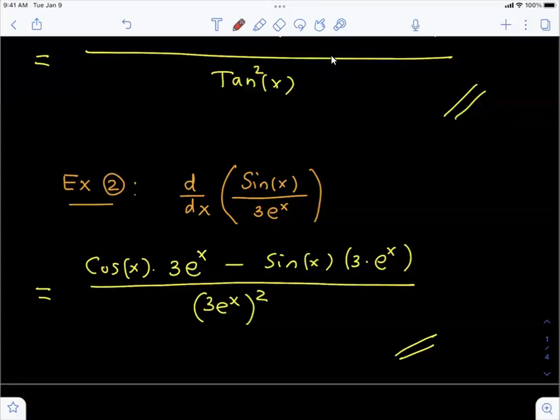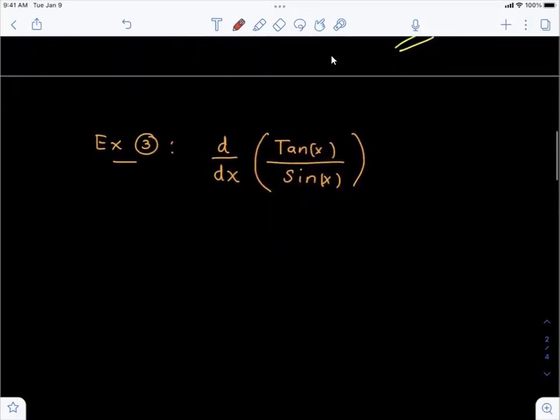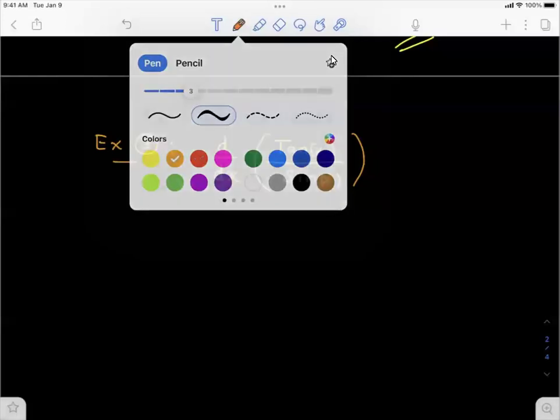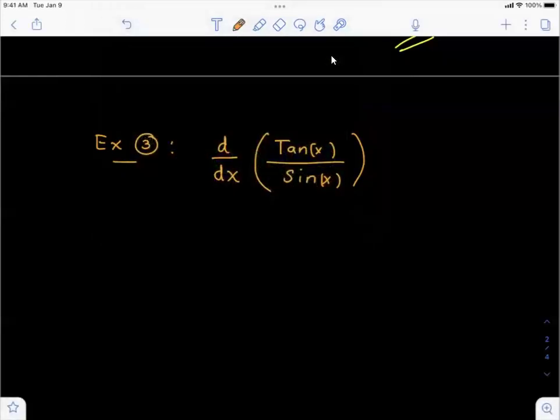All right, let's proceed to one more example. Now have a quick pause and try to work it yourself. Yes, we can do this right away. Now we can take the derivative.